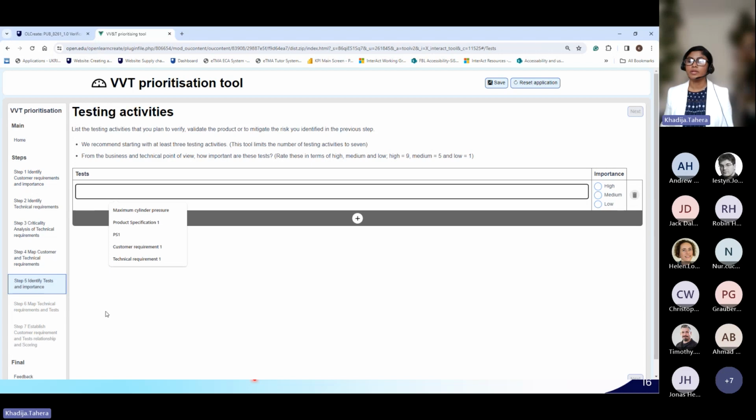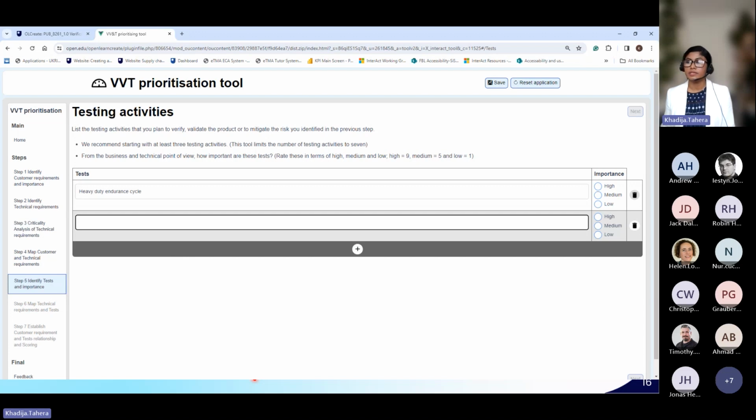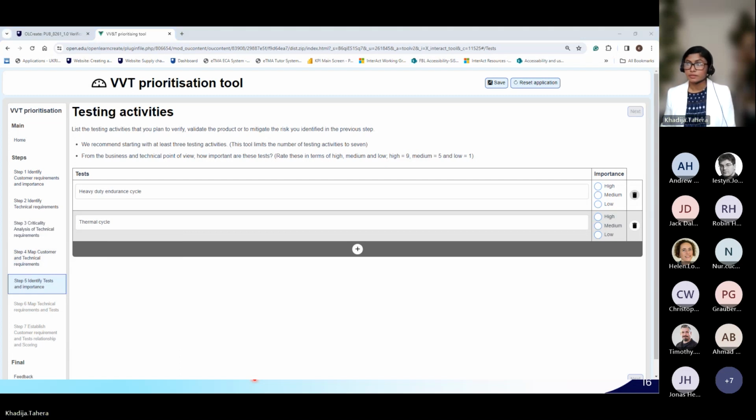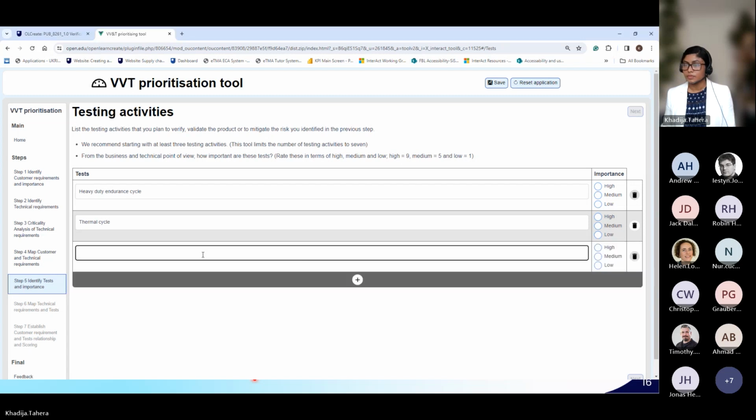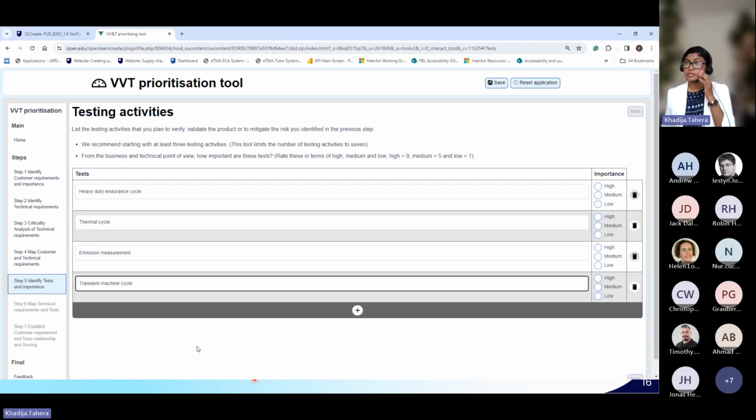So for example, after discussion with my team, I have identified the four key tests. The tests are heavy duty endurance cycle, thermal cycle, emission measurement, and transient machine cycle.